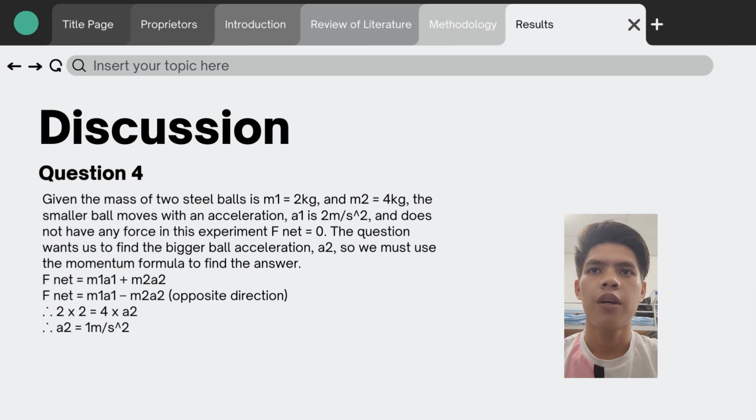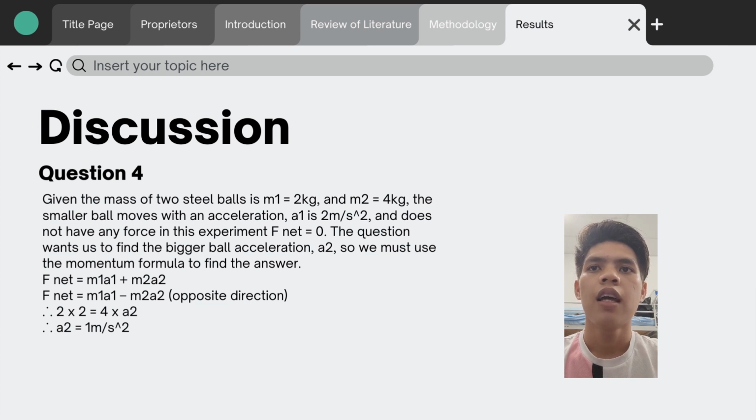Next, question 4. Given the mass of two steel balls is M1 equals 2 kg and M2 equals 4 kg, the smaller ball moves with an acceleration a1 of 2 m/s² and there is no net force in this experiment, F net equals 0. The question wants us to find the bigger ball's acceleration a2. So we must use the momentum formula to find the answer.